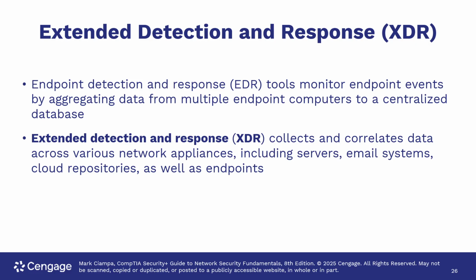The endpoint detection and response tools monitor endpoint events by aggregating data from multiple endpoint computers to a centralized database. The extended detection and response collects and correlates data across various network appliances, including servers, email systems, cloud responses, as well as endpoints.